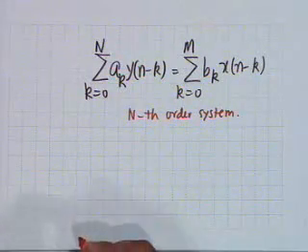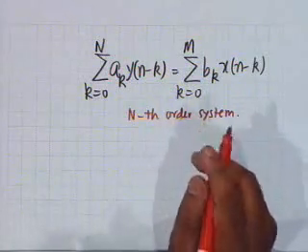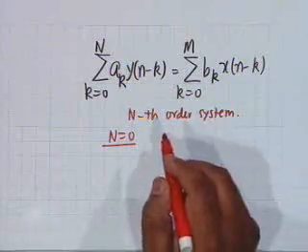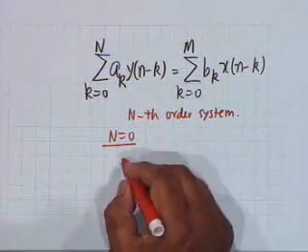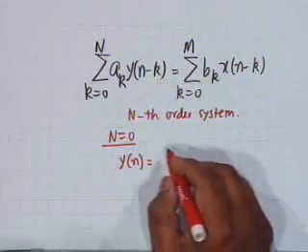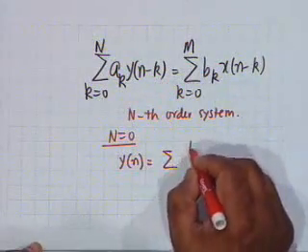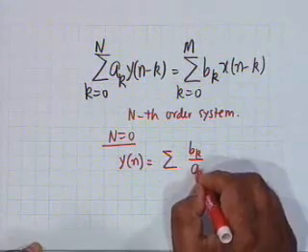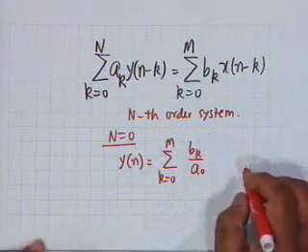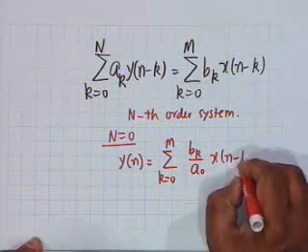Now the simplest case can be that N equals 0, a zeroth order system, for which it is very easy to show that y of n is equal to summation b_k by a0, k equals 0 to M, x of n minus k.